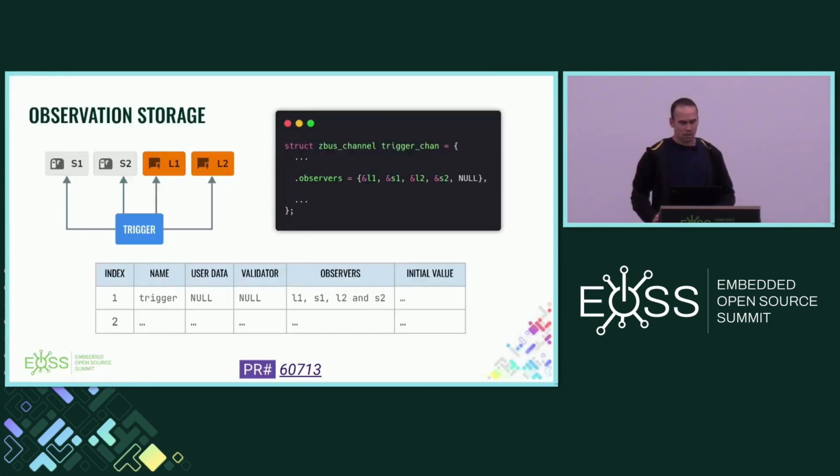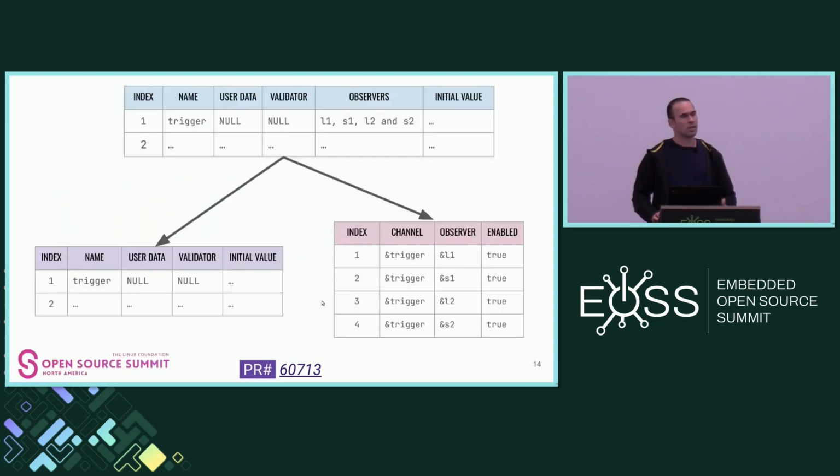For example, here we have two subscribers and two listeners, and during the channel definition we would have a list or array of observers. If we take the channel struct as a row on a table, we have one value for each column, but for observers we would have a list, which is not a good way to organize data.